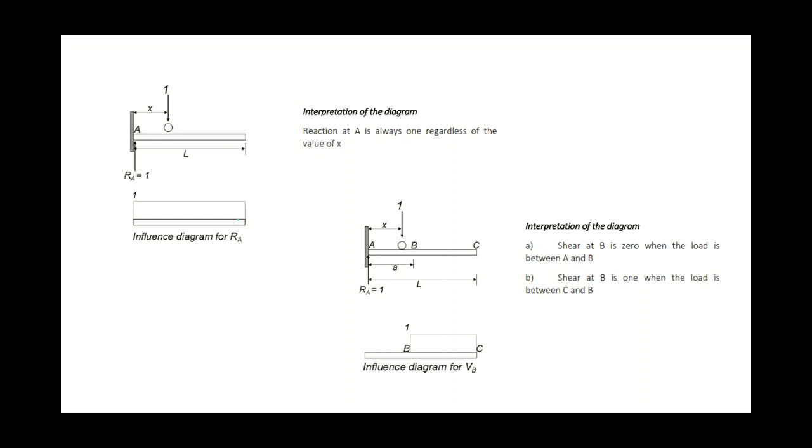Now naman, this is for the reaction, no? Now for the shear, kunyari ito, shear at point B. So, ganito ulit, diba? Now, kapag shear at point B naman, shear at B is 0 when the load is between A to B. So, from A to B, 0 yung load. So, ito wala. And from B to C, free end lang ulit siya.